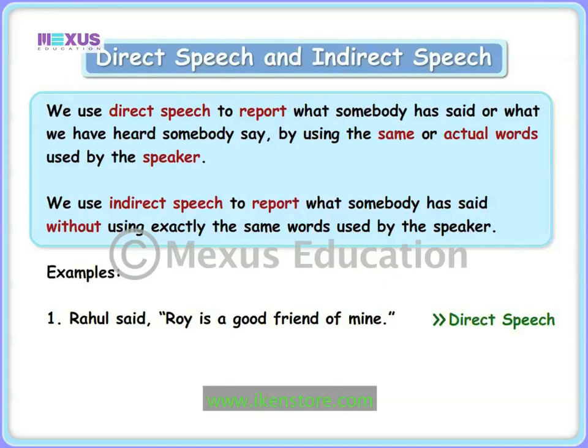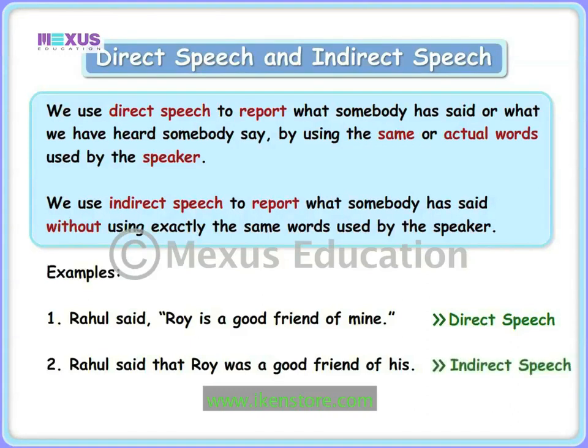On the other hand, the second sentence, Rahul said that Roy was a good friend of his, does not use the exact words used by Rahul, hence it is said to be in indirect speech. Let us first study the elements of a report in direct speech.